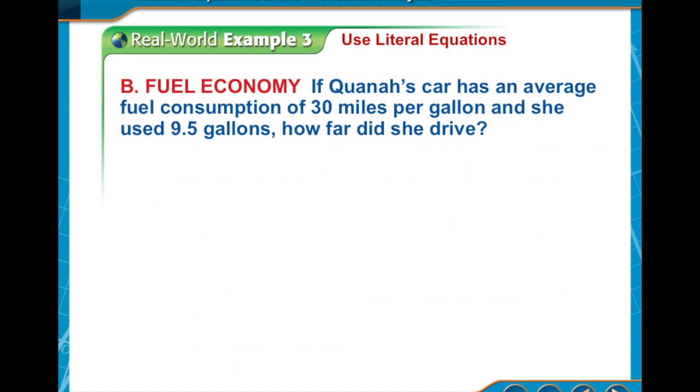So the part 2 of this same problem, since we know that now, M equals EG. If Quanah's car has an average fuel consumption of 30 miles per gallon and she used 9.5 gallons, how far did she drive?